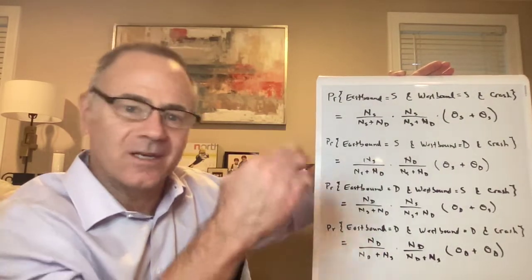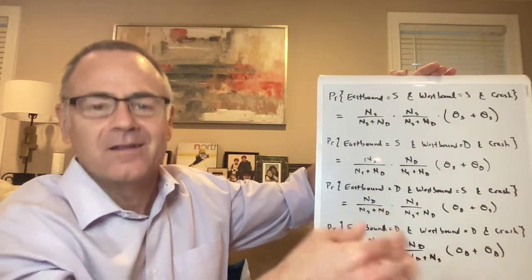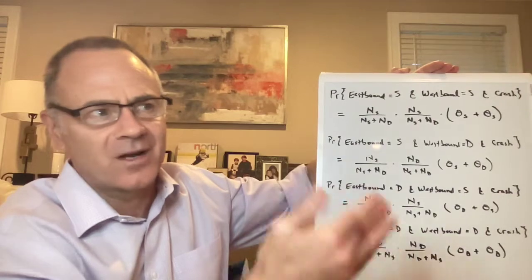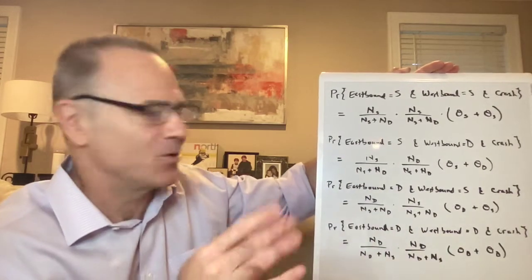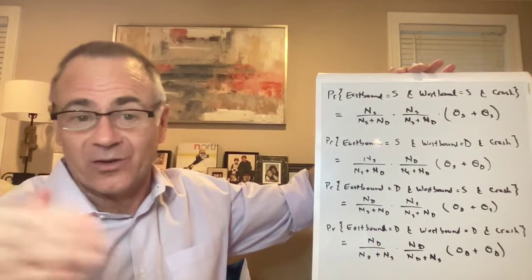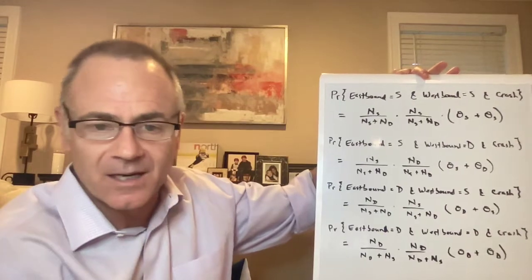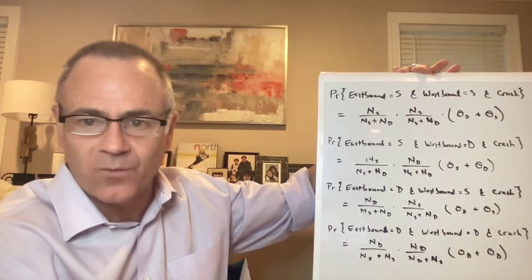Third way is the eastbound driver was sober, westbound driver was drunk, and there was a crash. Fourth way, the opposite: eastbound driver was drunk and the westbound driver was sober. Maybe I reversed those. Anyway, the probability of crash is the sum of those four terms. So let's calculate each of those four terms.